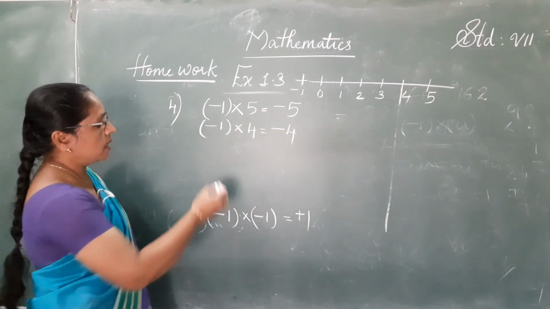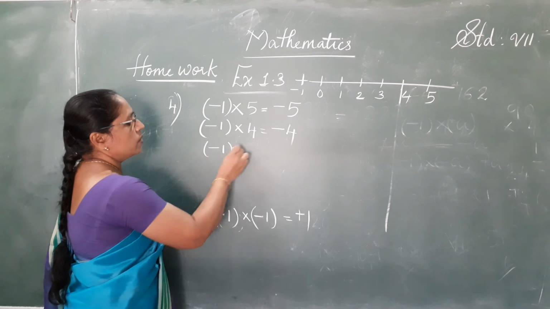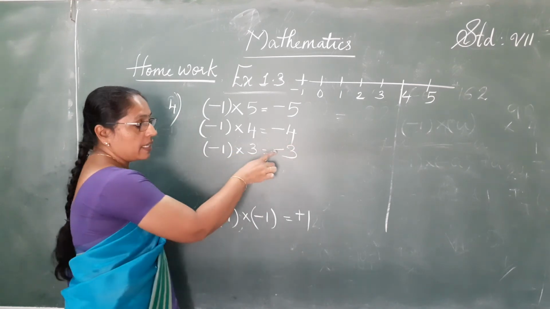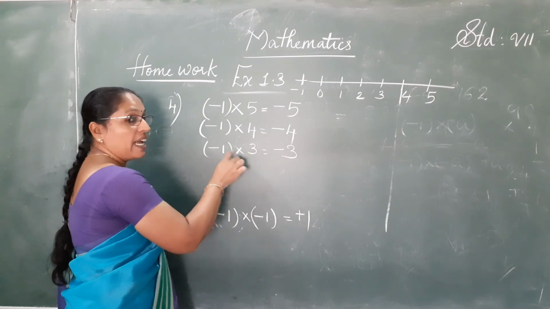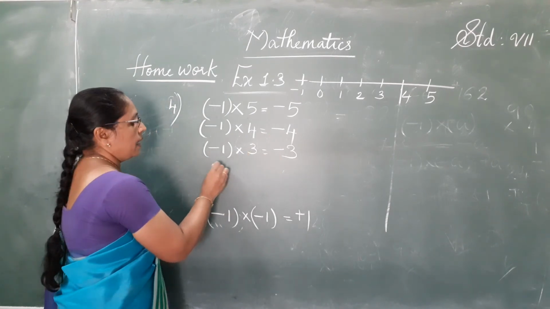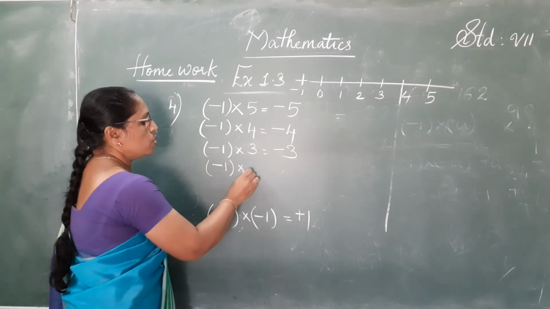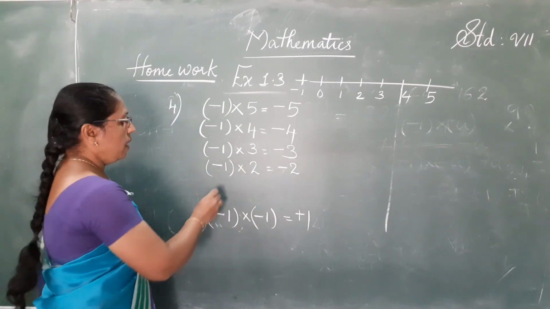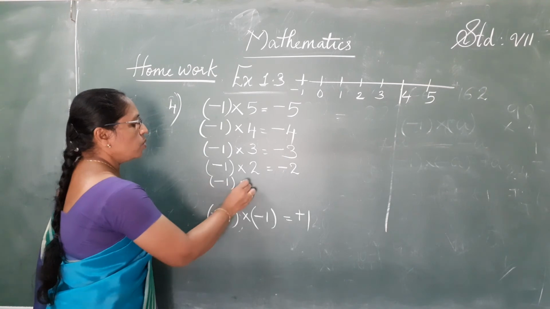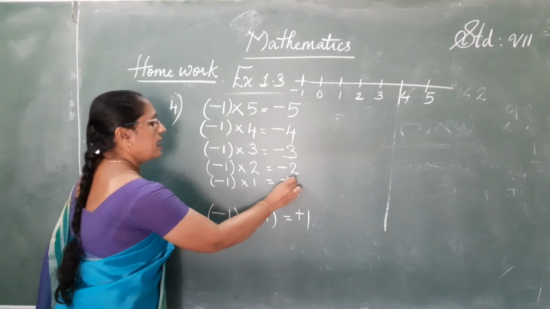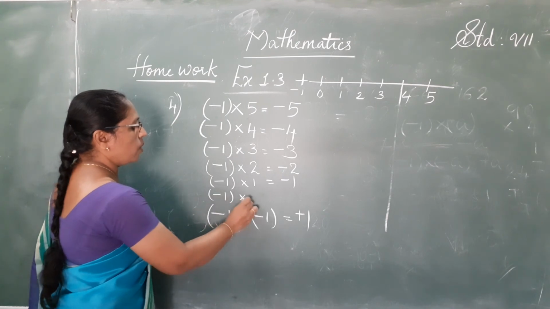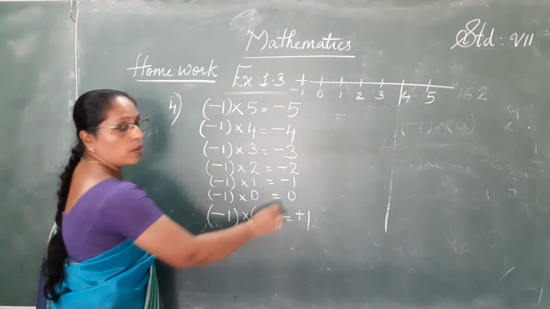Next, negative 1 into 3, which is negative 3. The negative is coming because both have different signs. Next, negative 1 into 2, which is negative 2. Then negative 1 into 1, which is negative 1. Next, negative 1 into 0, which is 0.